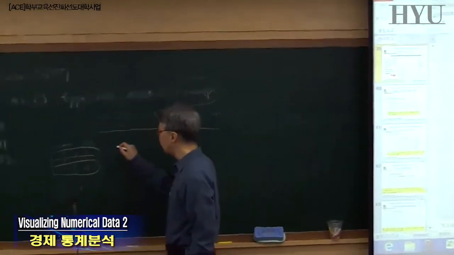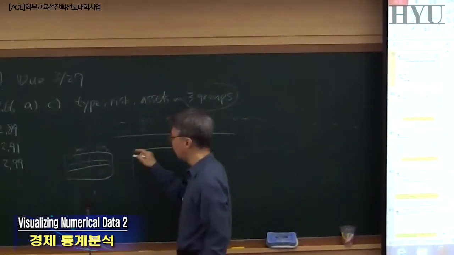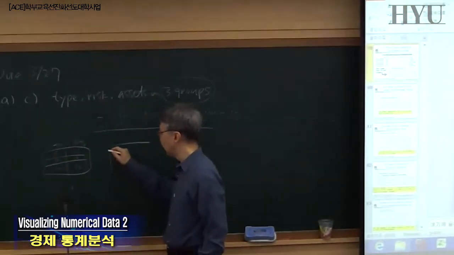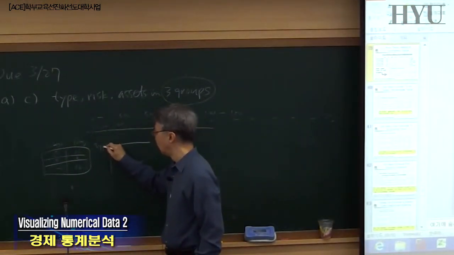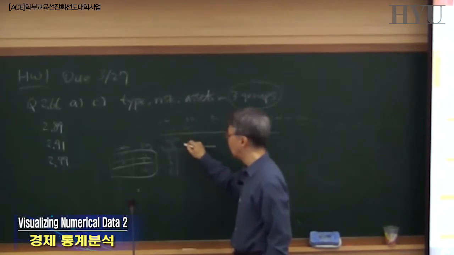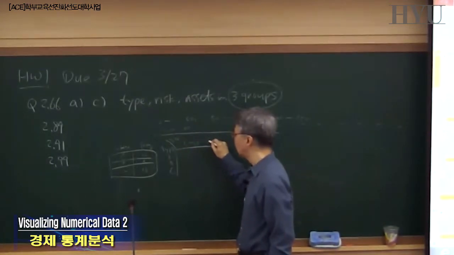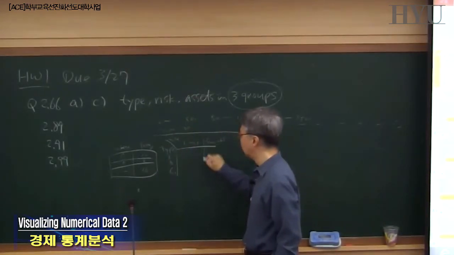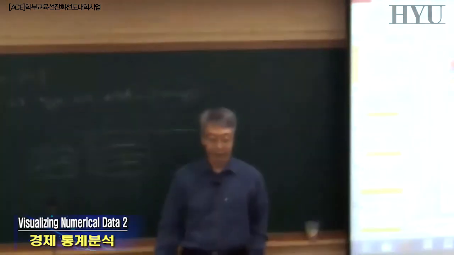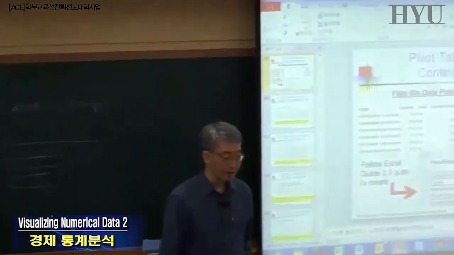But sometimes we want to have two-way classification. So you can have type A, B, C, and maybe size, large, small. So we have this two-way classification. That's what we call a contingency table.